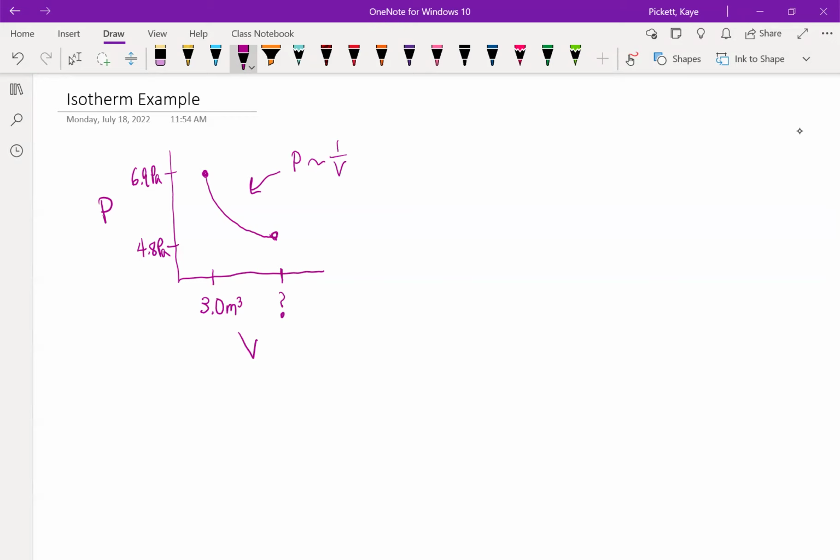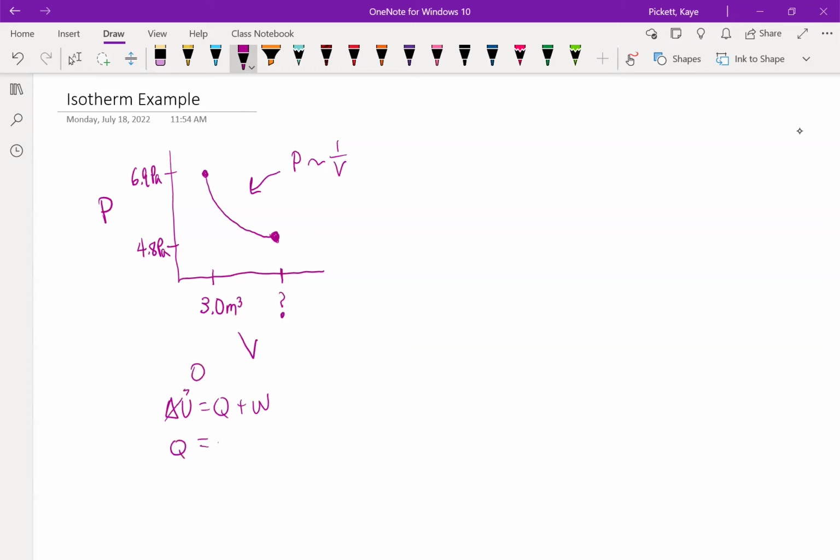So we don't have our work, which is P delta V, but we do know it's an isotherm. So I want to know what this pressure is, and there's just information I can't figure out because there just isn't enough information. So we know that delta U is Q plus W. Well, the thing is, this is 0.